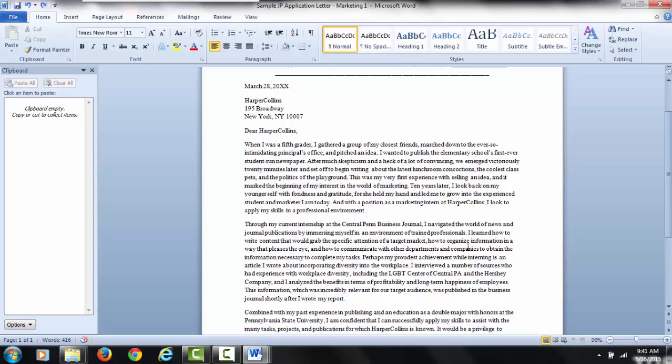And so when we take a look at messages later on in the semester, what we'll find is persuasive messages often rely upon grabbing someone's attention right away. And that's exactly what this one does. And that's what you do in marketing. So it's very appropriate here for this type of application letter.